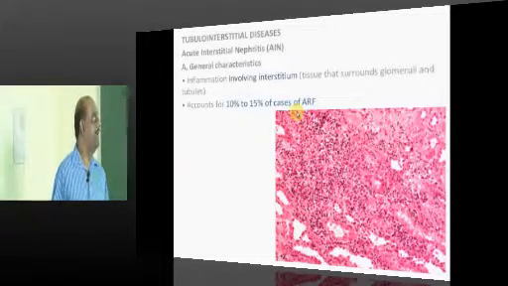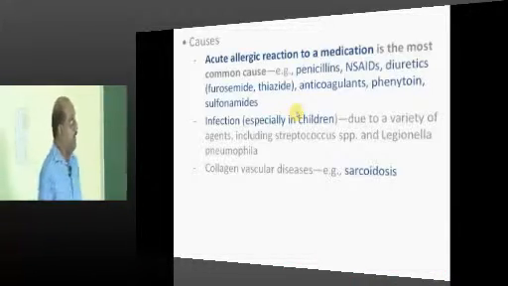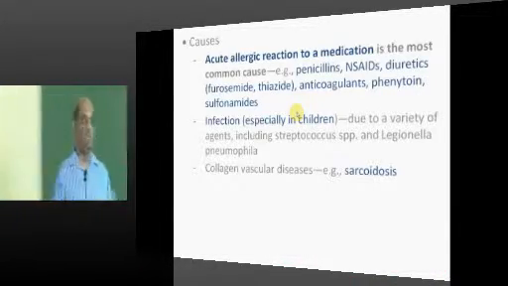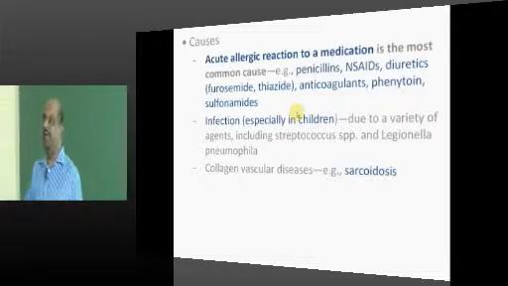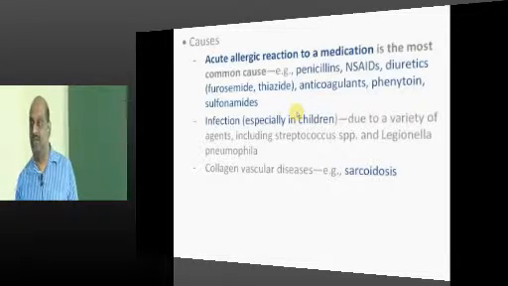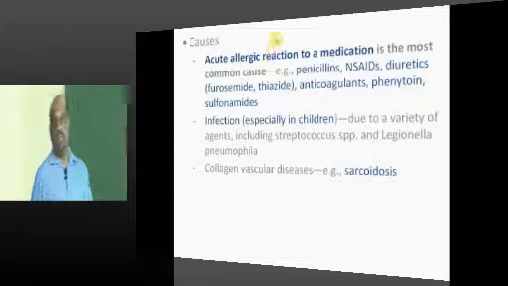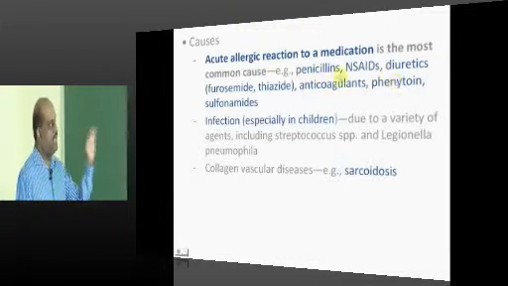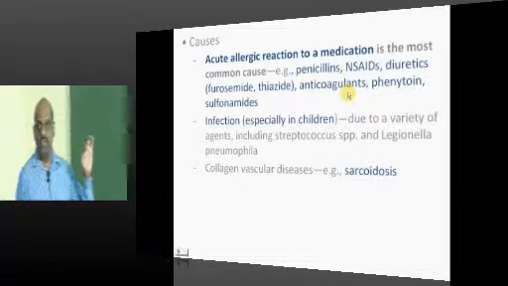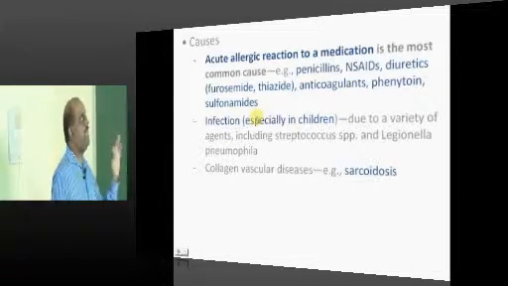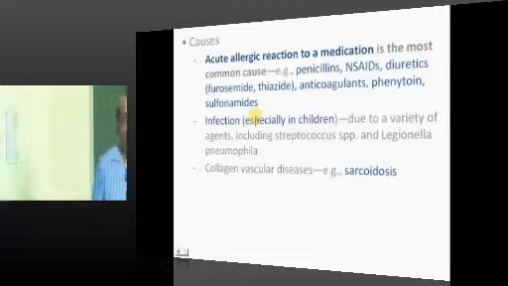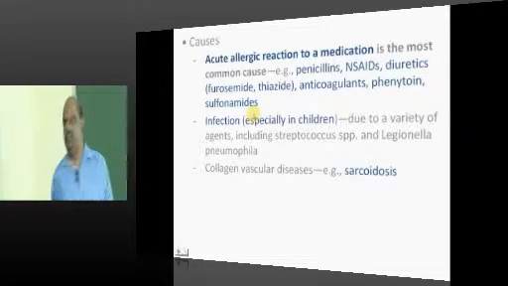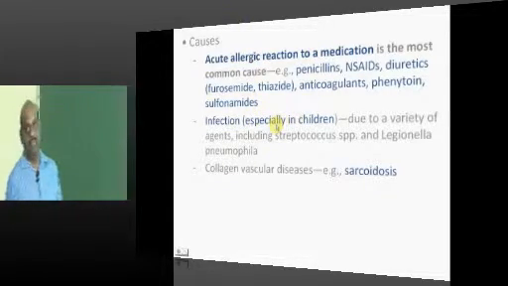Okay. Now doctor, what are the causes of the tubulointerstitium getting damaged? Drugs are a very common cause. Penicillins, NSAIDs, diuretics, anticoagulants, phenytoin, sulfonamides are known to damage the tubule and interstitium.